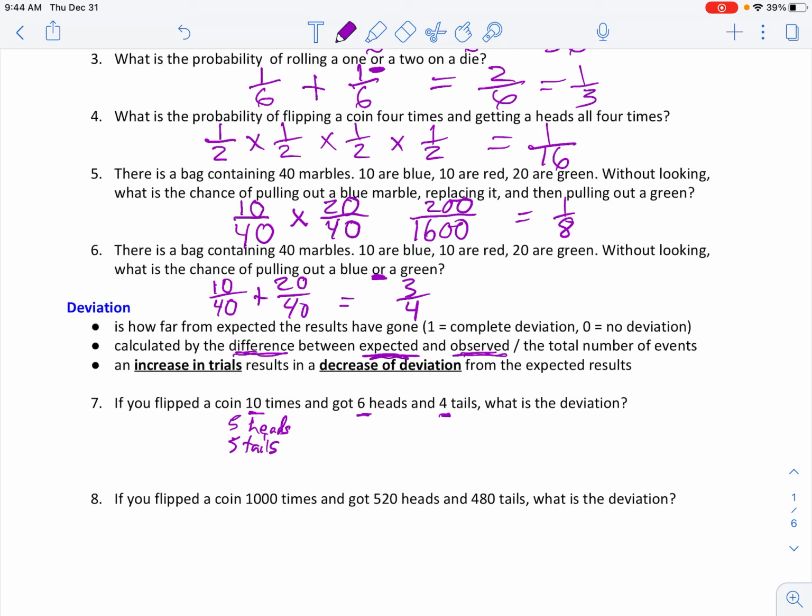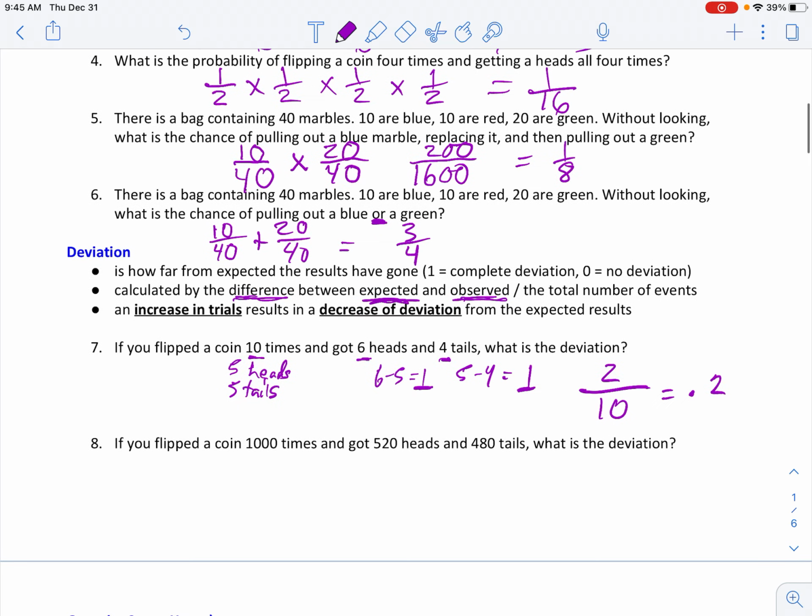So the difference between expected heads is the difference between 6 and 5, and the difference between expected tails is, you know, it's just the difference. So if I took 4 minus 5, it would be -1, but it's absolute value, so it's just difference. So my difference between what I expected and what I observed is 1 and 1. 1 plus 1 is 2. Total number of events, I flipped the coin 10 times. So my deviation is 2/10, or I'll just write it in decimal form, 0.2.